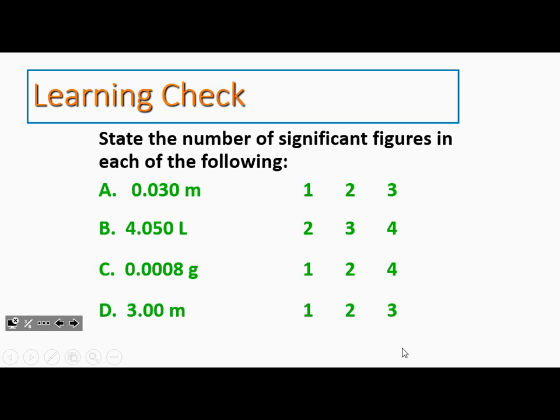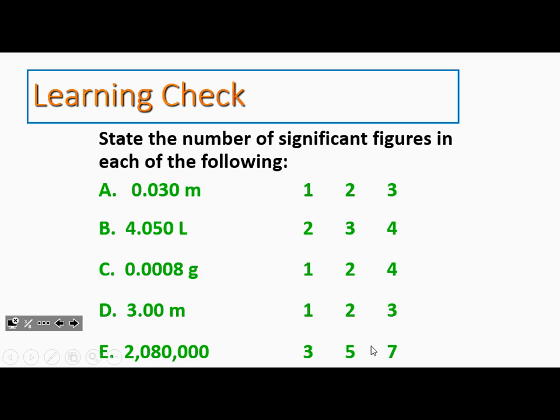Emma. 3. Yes, that is just the rule we talked about. The zeros to the right of the decimal point are significant. Brianna, how many there? This is a tough one. Excellent. 3 of them.